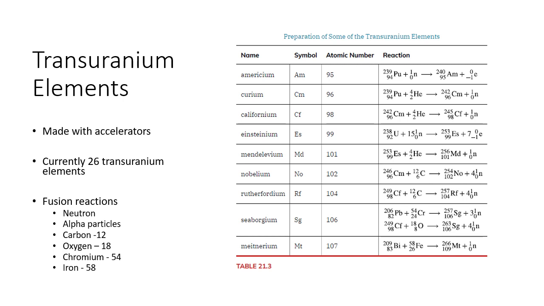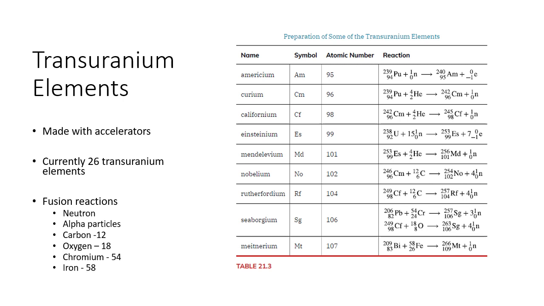In all of them, you smash your rather large element together with something smaller. You can use neutrons and really big things, alpha particles, carbon-12, oxygen-18, chromium-54, iron-58. You notice that we're going up, up, up in the mass of the things that we're smashing together. In some transuranium elements, we have to use other transuranium elements in order to make the new one.